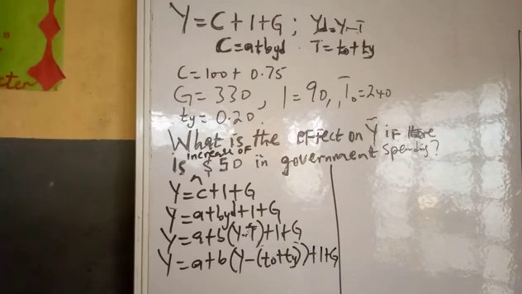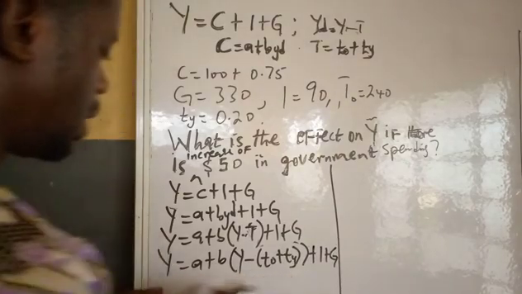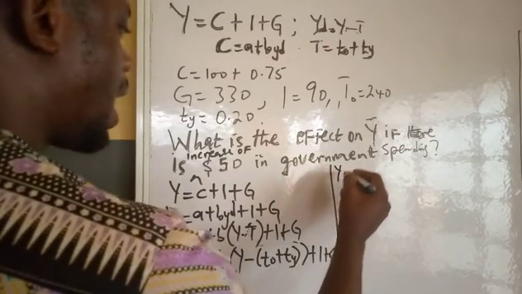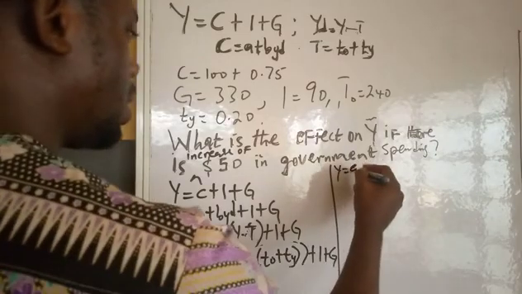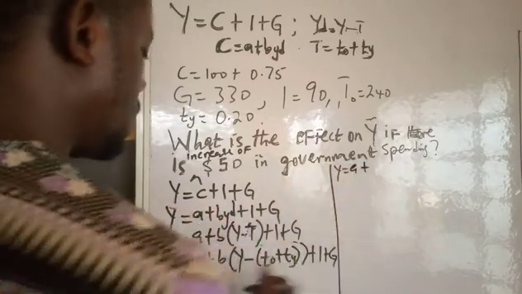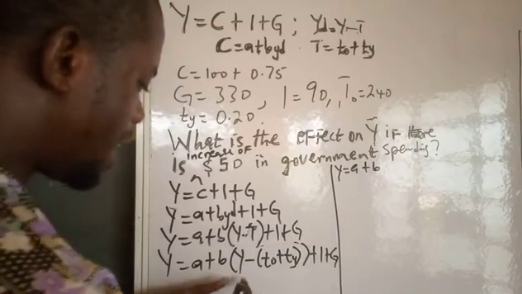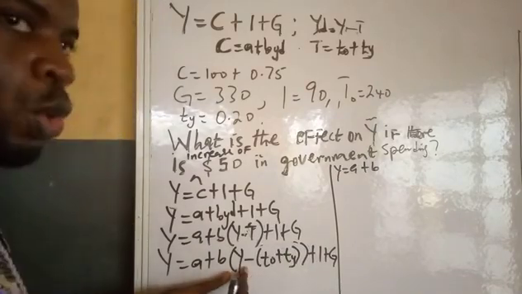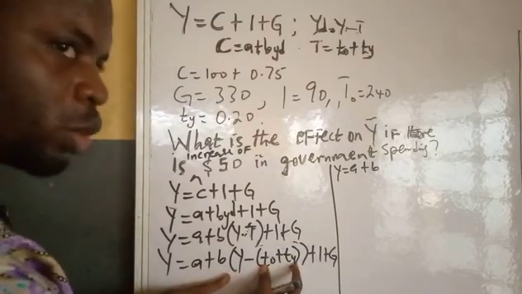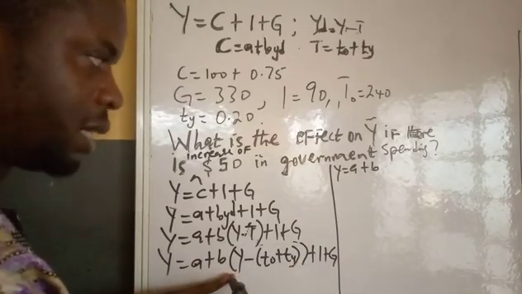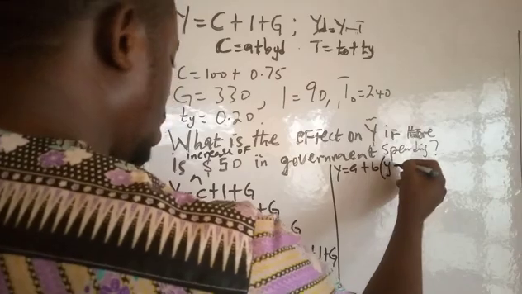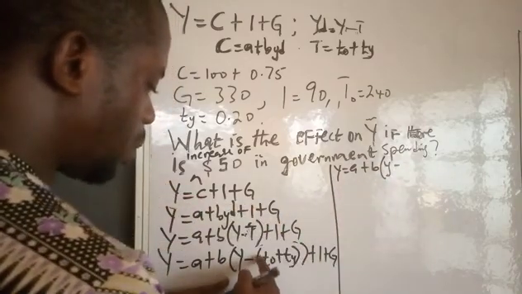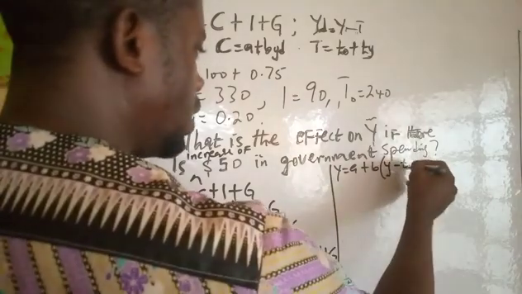Okay, so having done this, we can now open up: y equals a plus b. Now we have two brackets. You have to solve the small bracket. Always solve the small bracket before the big bracket. Take notes. So we say b, then y minus times plus, that is plus here, which is minus t naught.